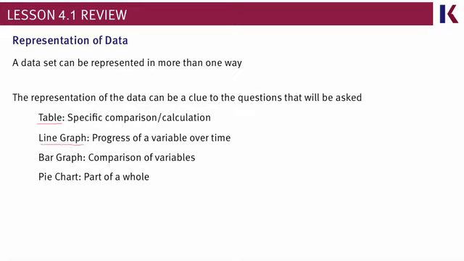Line graphs are most often used to follow the progress of a variable over time or over some other variable, whereas bar graphs are usually used as comparative information. Pie charts, while we didn't look at them in this lesson, generally are used to identify the part of a whole or the relationships between parts that add up to that whole.